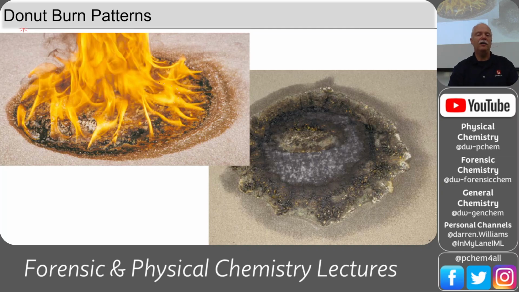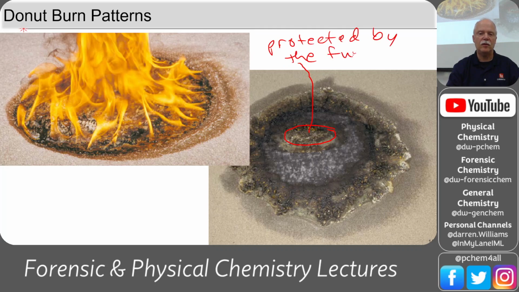So this is a fuel fire. So you pour gasoline on carpet and light it on fire, and it's burning vigorously, and you see that, but this piece of carpet in the middle is protected by the boiling point of the fuel. And so if you're an arson investigator, that's what you go for.